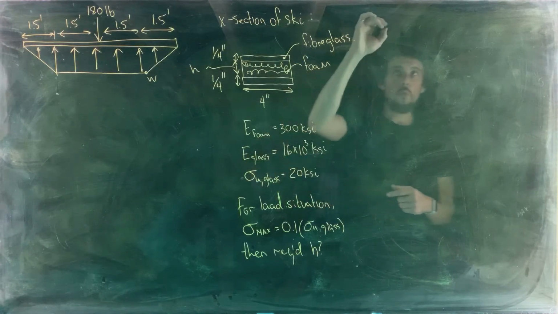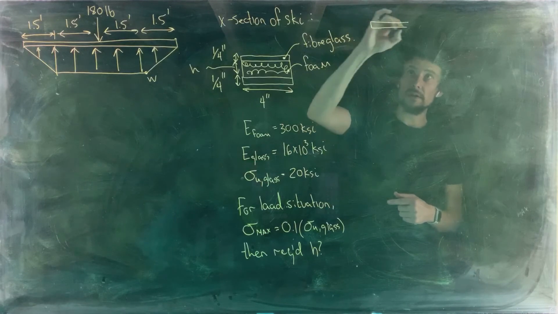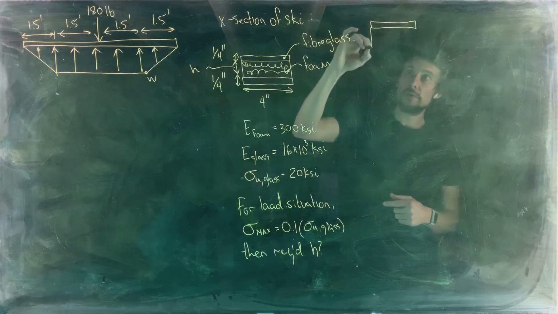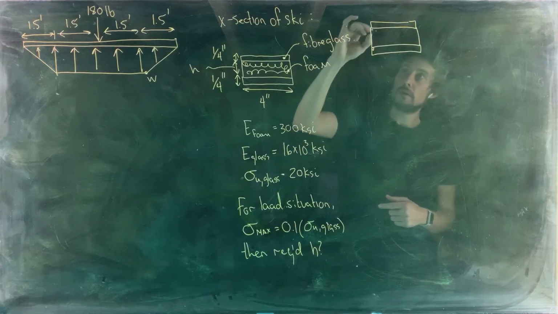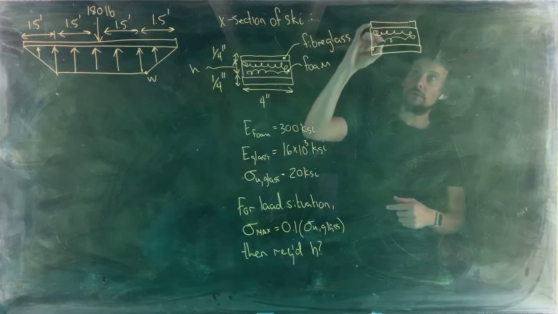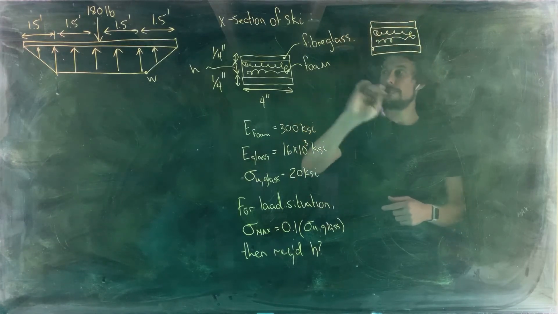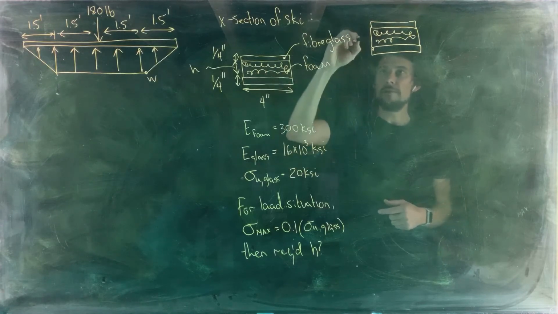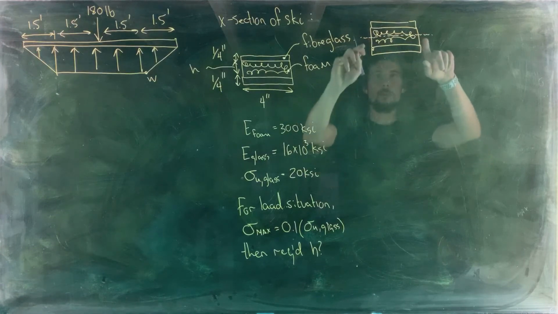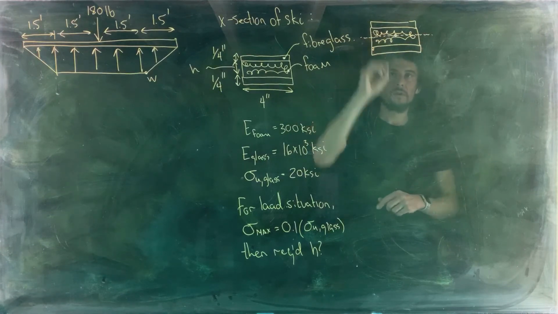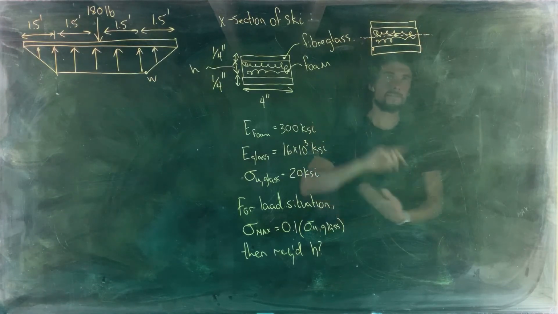So we take our composite beam like this. Now, all of the bending moments here are going to be happening about this horizontal centroidal axis, right?